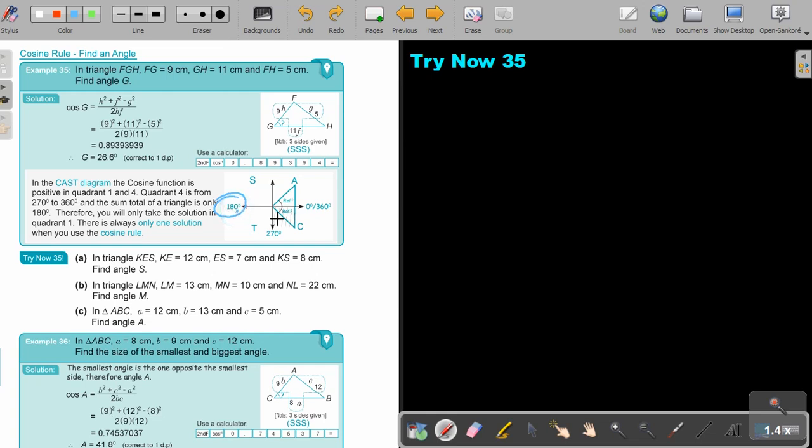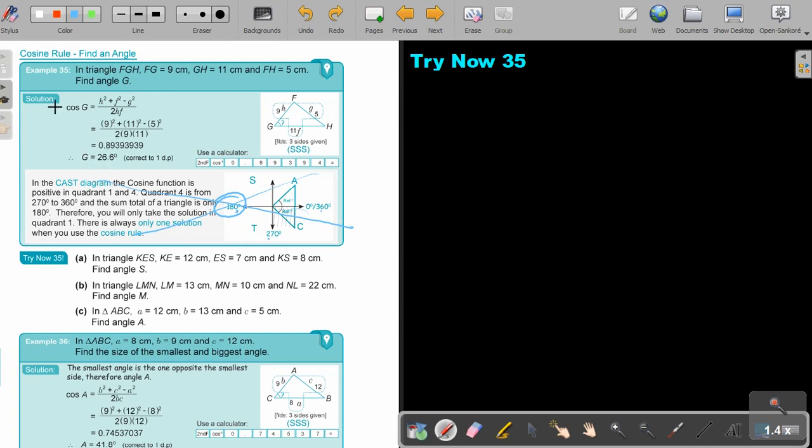This one is between 270 and 360, which is not part of a triangle. It's too big. So it will have only one single answer. That's excellent. The sine can have 2 answers when you're looking for an angle.